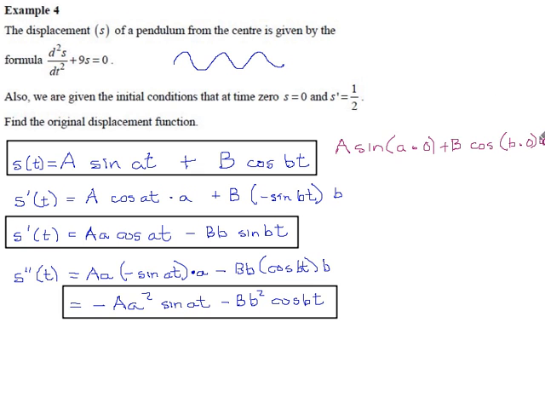They said s is 0 at time 0. So these zeros are the times, this 0 is the position. And if we clean that up, we get A sine 0 plus B cosine 0 equals 0. Sine 0 is 0, so this whole term vanishes. Cosine 0 is 1, so we get B times 1 equals 0, which means B equals 0.